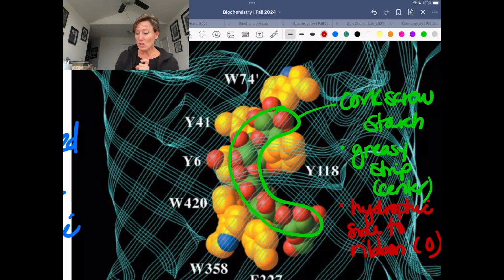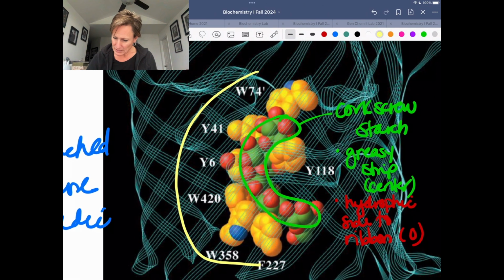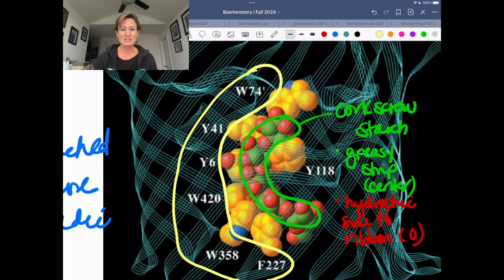Okay, so if we look inside this enzyme active site, I've got to zoom out here so we get all of them, what we see are a whole bunch of aromatic greasy residues.